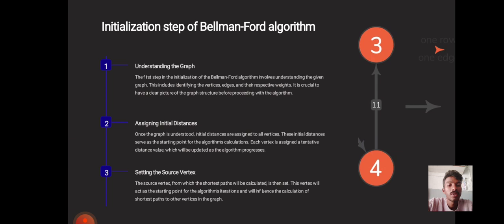Once the graph is understood, initial distances are assigned to all vertices. This initial distance serves as a starting point for the algorithm's calculation. Setting the source vertex. The source vertex from which the shortest path will be calculated is set.